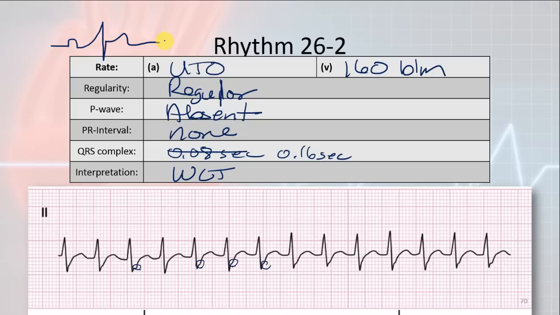Because of that conversion, now you can definitively say that while they were in this wide complex tachycardia, they were actually in antidromic AVRT. But I can only identify that after I convert it and then witness the delta wave in the sinus rhythm.